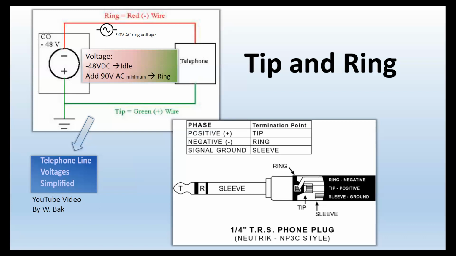Well, it's difficult to say. Anything is dangerous depending on how you apply it to your body, right? For the most part, if you just touch that telephone line, it might get a little bit uncomfortable, especially when the phone rings. But what's dangerous and what's not is a relative thing.